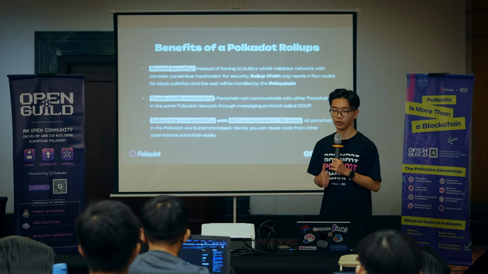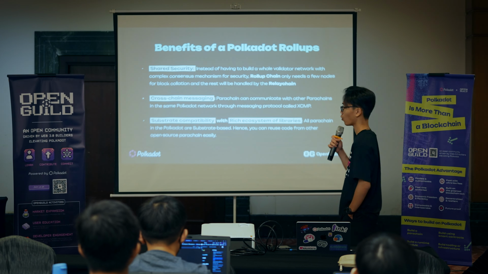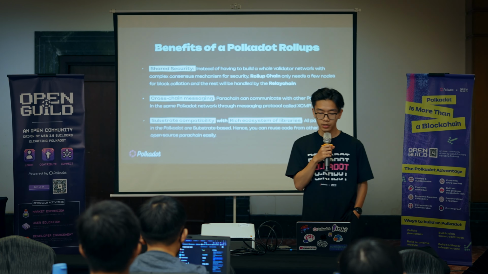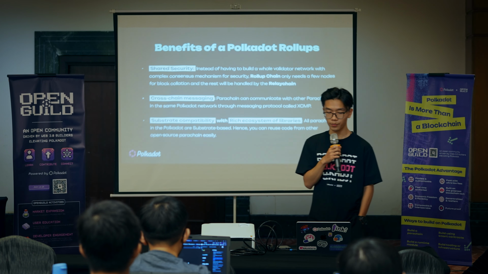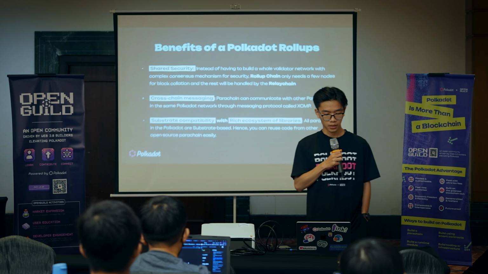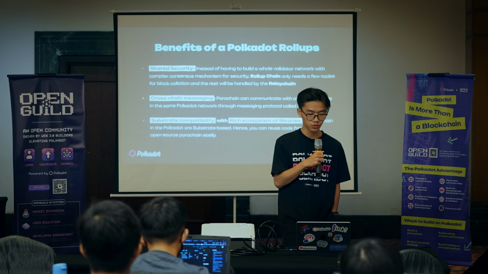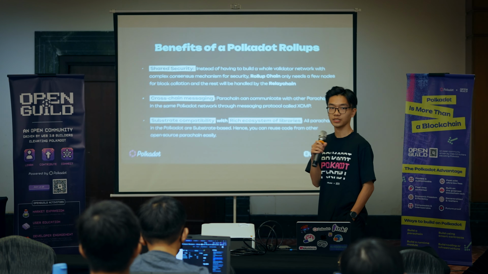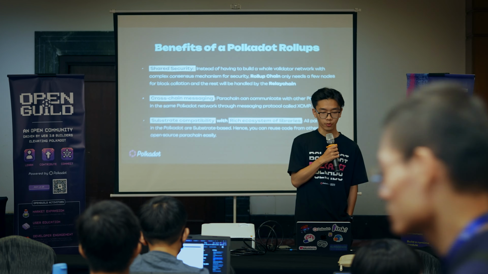The benefits of Polkadot rollups: first is shared security. Instead of having to build a whole validator network with a complex consensus mechanism for security, a rollup chain only needs a few nodes for block collation, and the rest will be handled by the relay chain. Second, cross-chain messaging. A Parachain can communicate with other Parachains in the same Polkadot network through a messaging protocol, which we mentioned already, called XCMP or cross-chain messaging protocol.